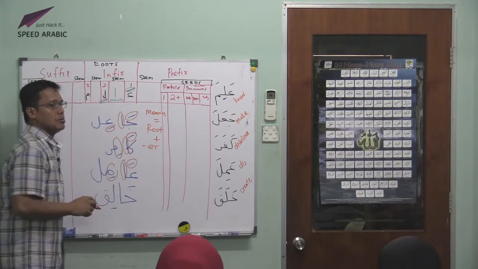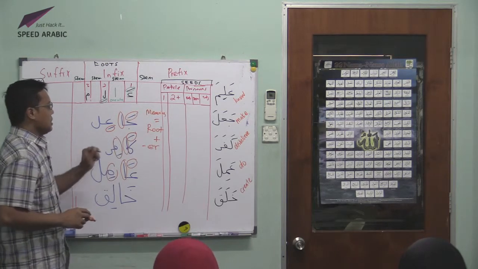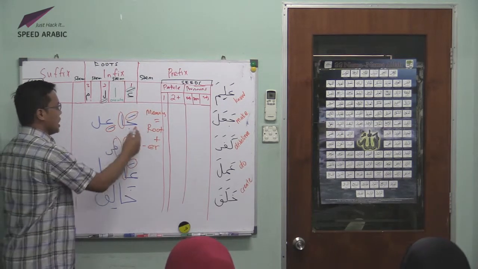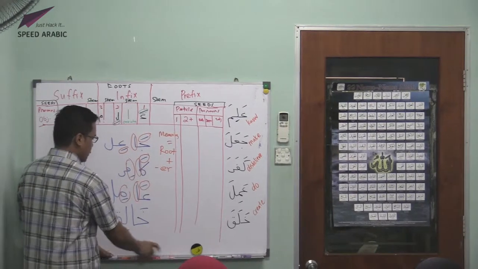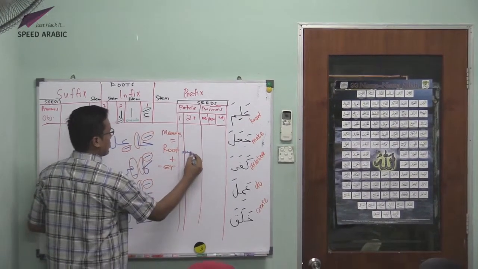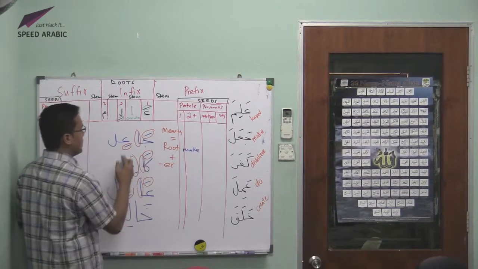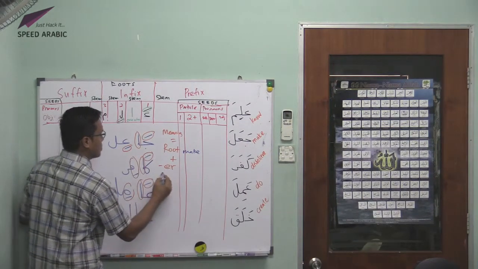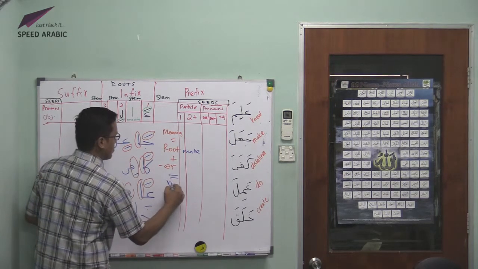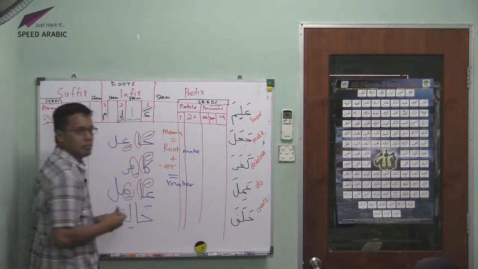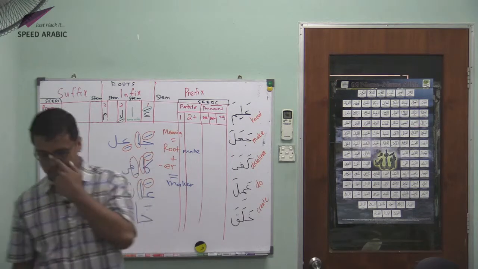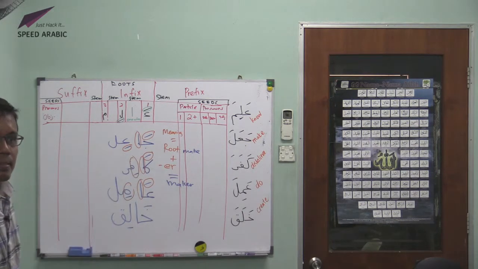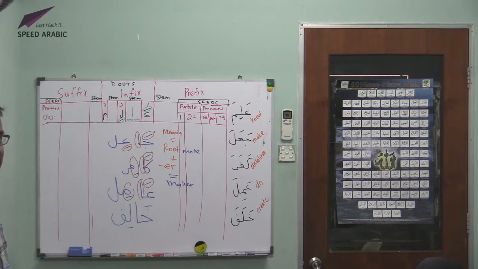Okay, so the root meaning of, let's say, ja'ala is make, and the alif is ER, so it's equal to maker. Get it? Very easy, right? Easy peasy lemon squeezy.